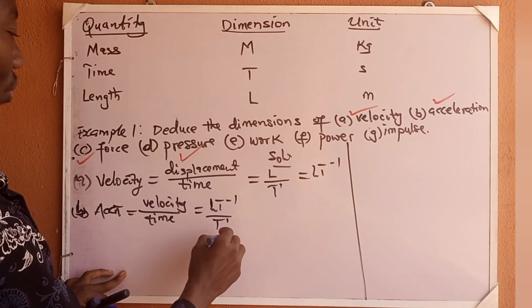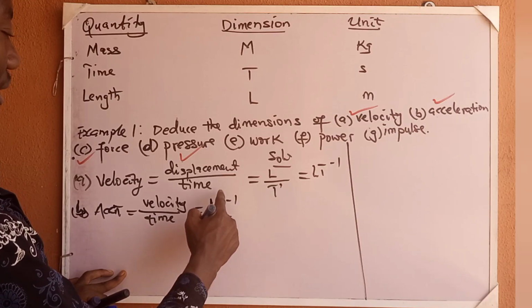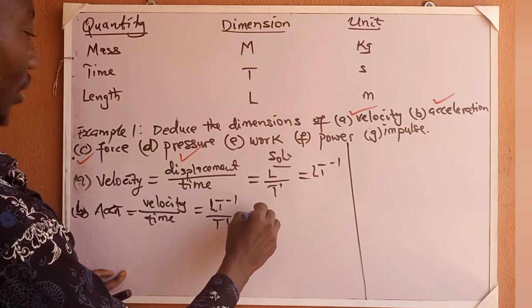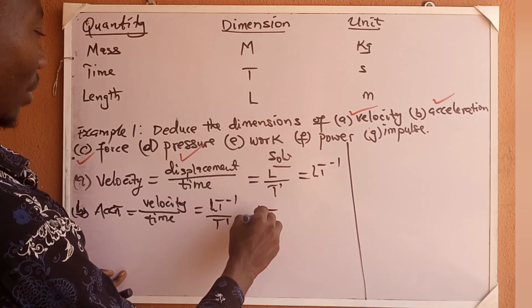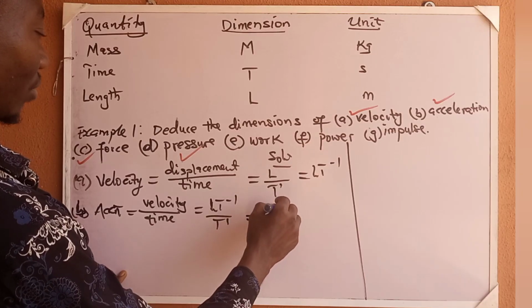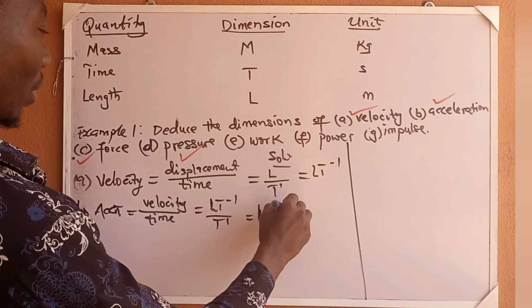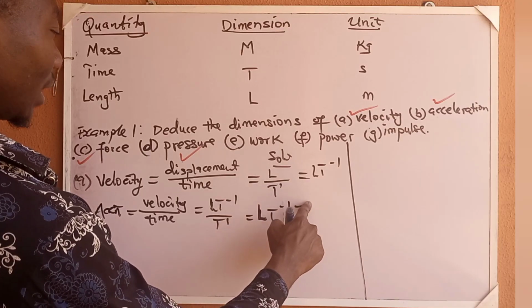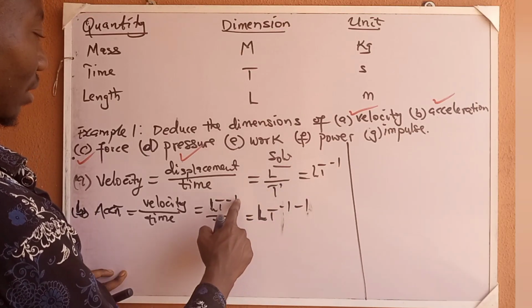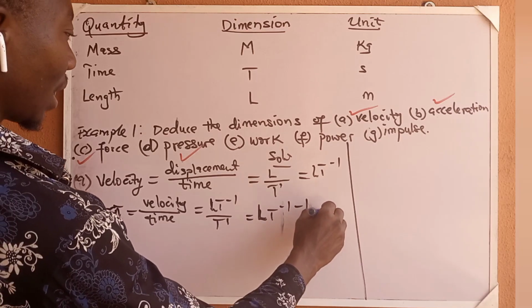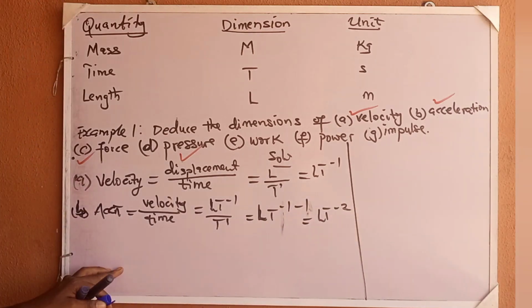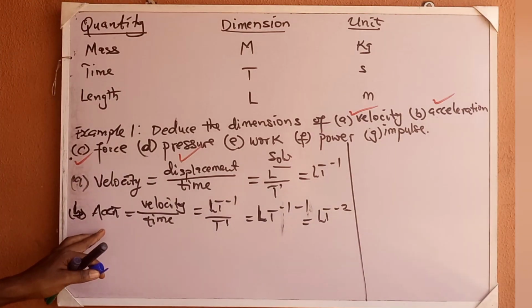Now we have numbers of the same base dividing, and indices says we should subtract the power of the denominator from that of the numerator. So we're going to write LT minus 1 again. We subtract this from this. This will give us LT minus 2, and that is the dimension of acceleration.